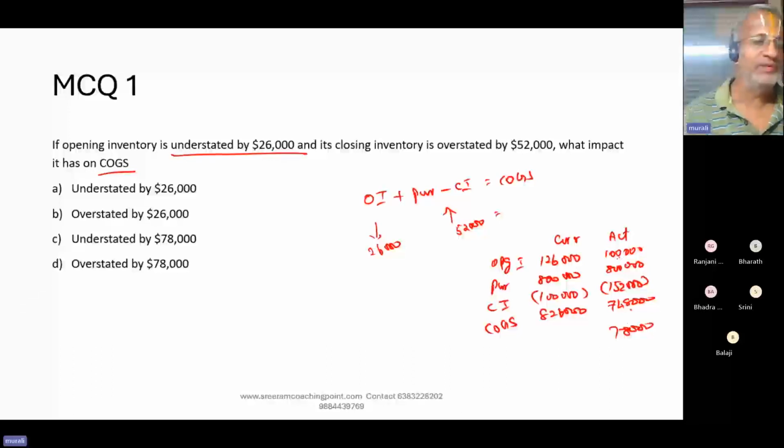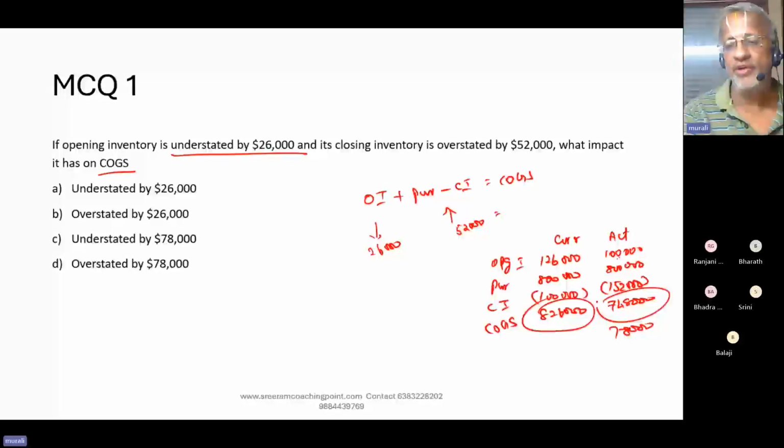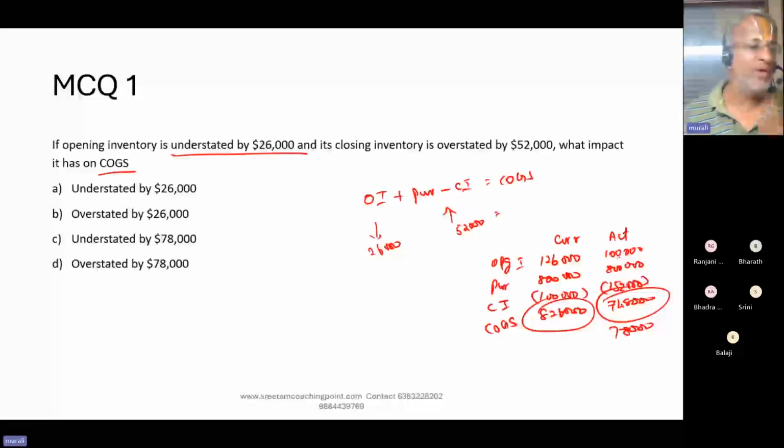78,000 is the difference. Whether it is understated COGS or overstated COGS. What it should have been is 826, now it is 748. Whether I have understated my COGS or overstated my COGS, and by what amount? Come on, simple one only.